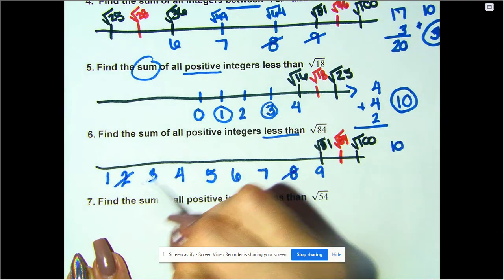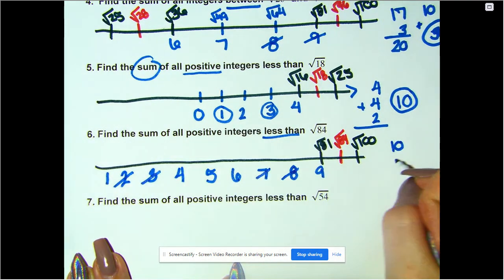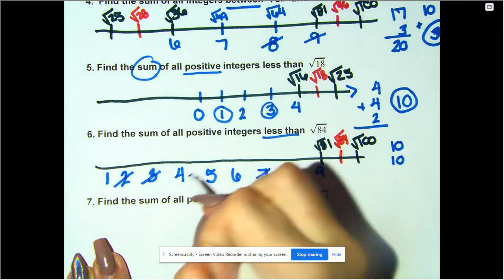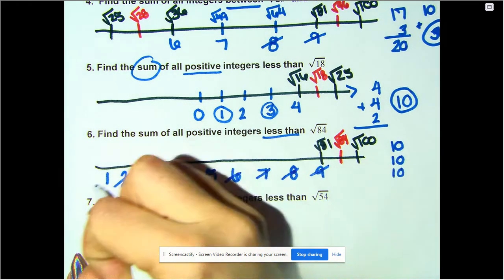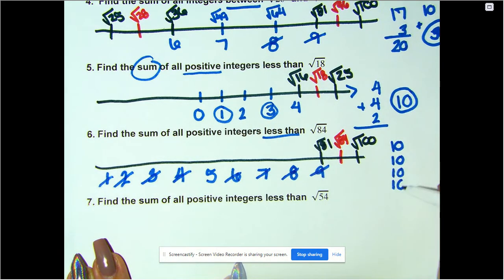Okay, I know 3 and 7 make 10. I know 6 and 4 make 10. And I don't know why, but I forgot about 9 and 1 make 10. And then we have 5 hanging out by itself. So 10, 20, 30, 40 plus the 5 makes 45. So our sum of all positive integers less than the square root of 84 is 45.